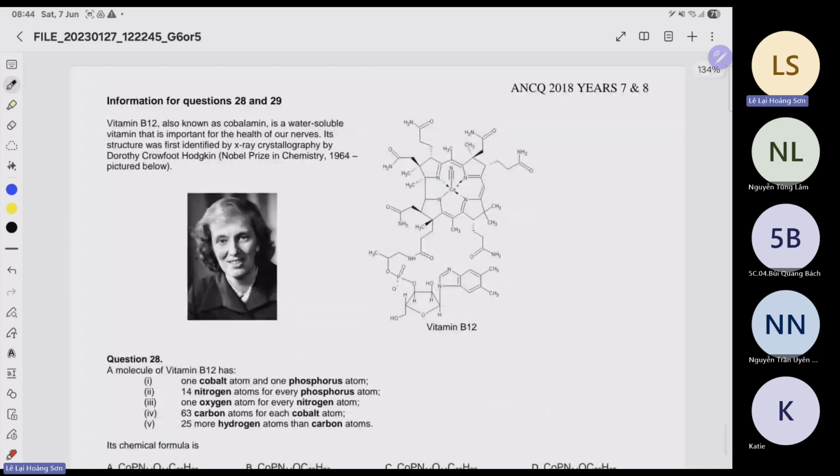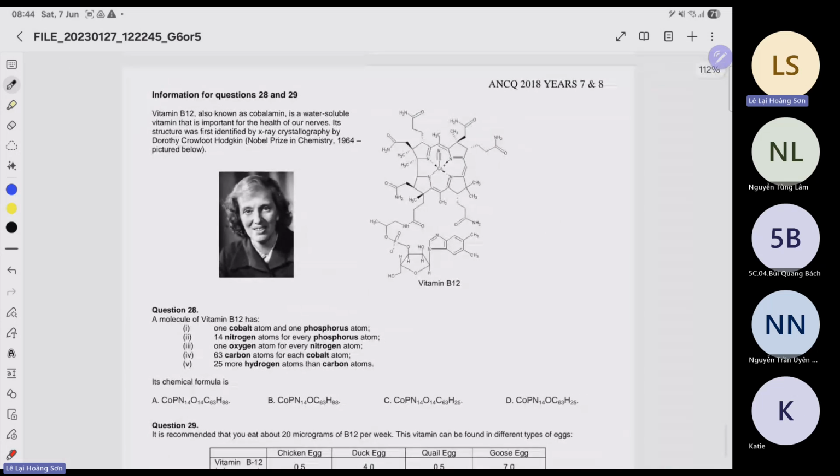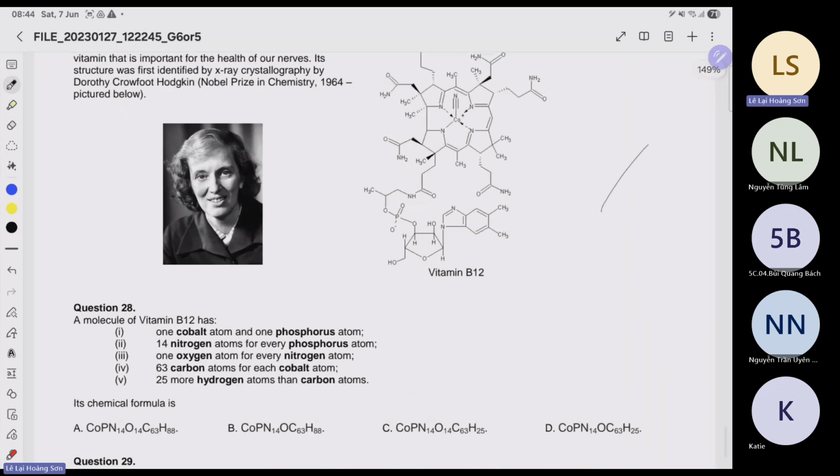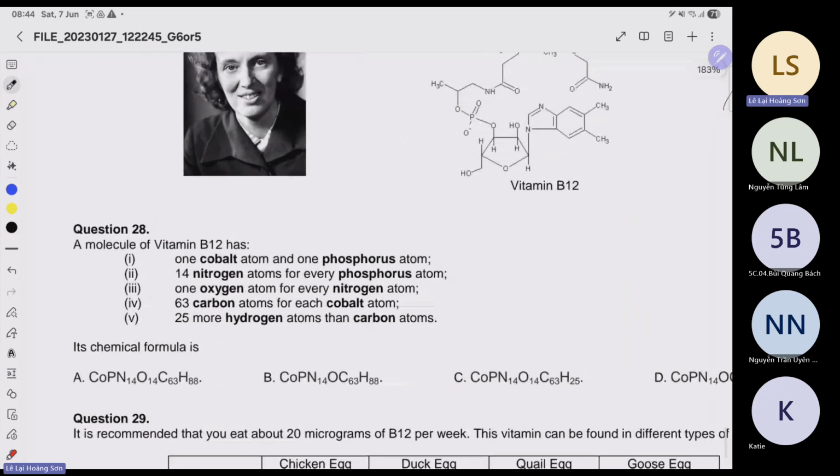Moving on to question number 28. We have this molecule over here. What is the chemical formula of vitamin B12? This is easy, right? You already have the number of phosphorus, nitrogen, oxygen. One cobalt will give you one phosphorus, so Co. 14 nitrogen will give you one phosphorus, so it's going to be N14.